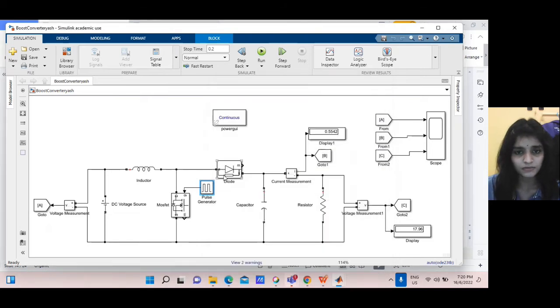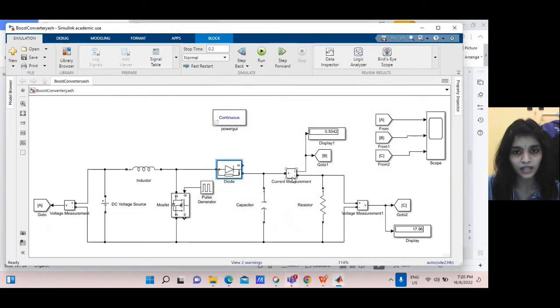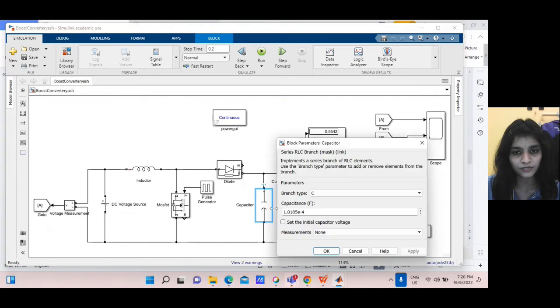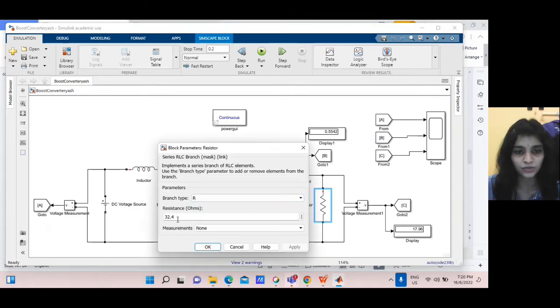Then this is the diode. Then we assign the capacitor value as 1.0185 times 10 to the power of -4. For the current, we use the current measurement later to show the current using the scope. Then we assign the resistor value 32.4 ohms.